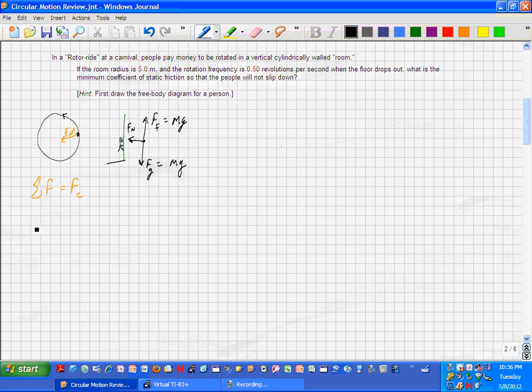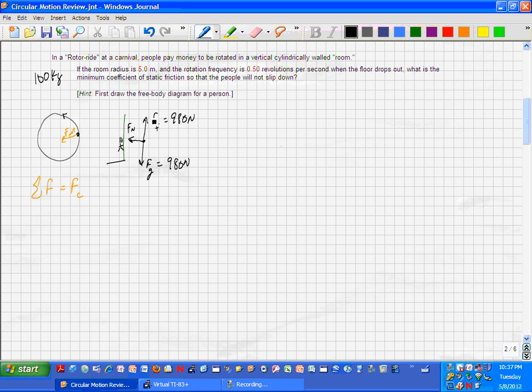Let's see where that happens. Now let's just use numbers. It'll be easier. Let's call it a 100 kilogram person. Alright, so that means that this is going to be 9.8 times 100, which is going to be 980 newtons. This is going to be 980 newtons.